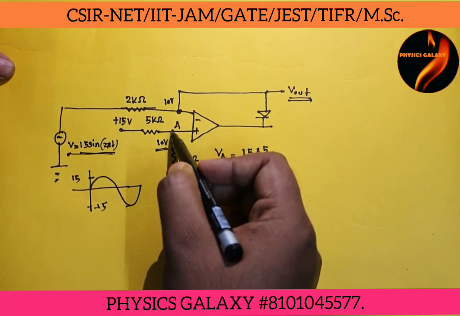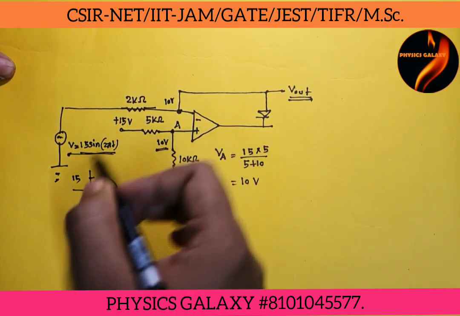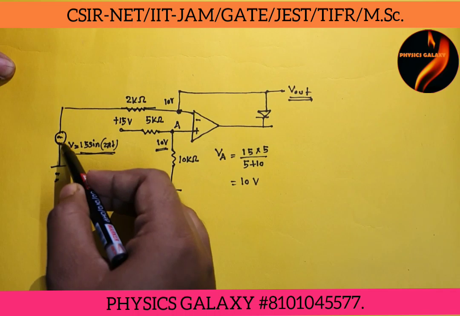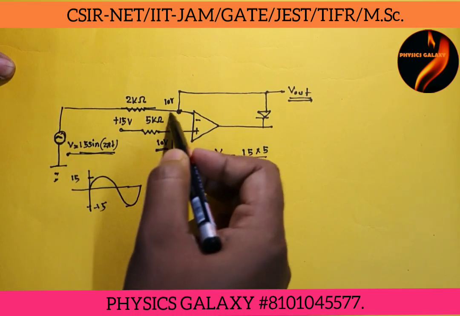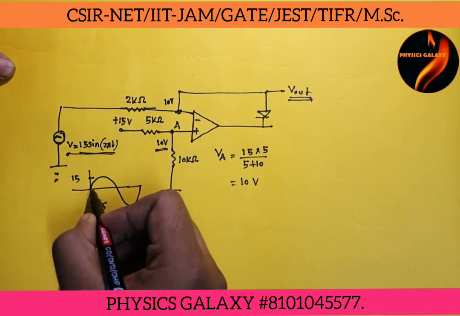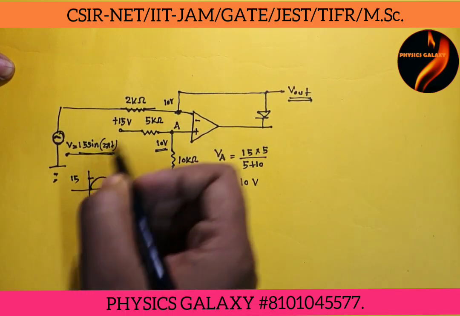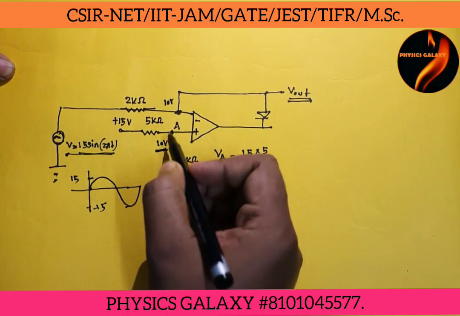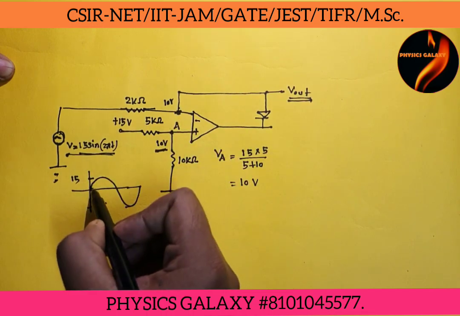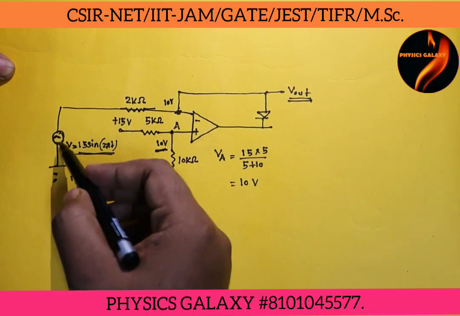So when the potential here is 10 volt and the sinusoidal voltage applied to this terminal, let us consider the potential here is 0 volt. So this is the 10 volt and the potential here is 0 volt. So this is greater than this one.